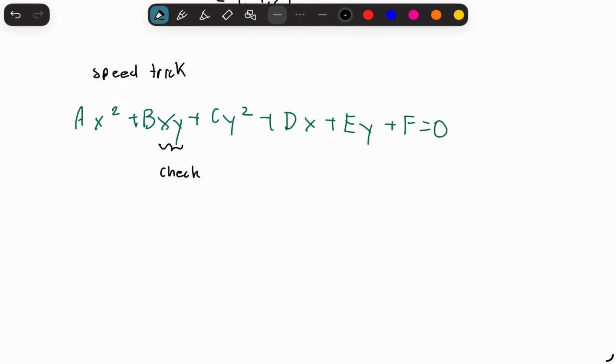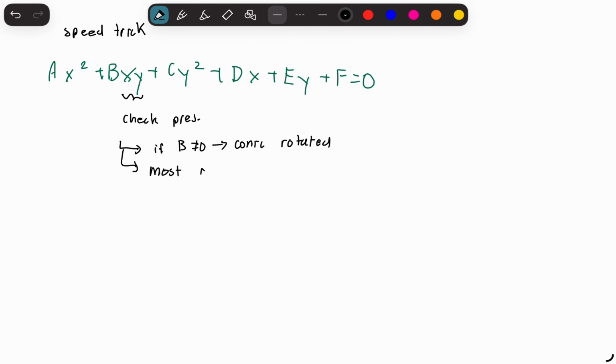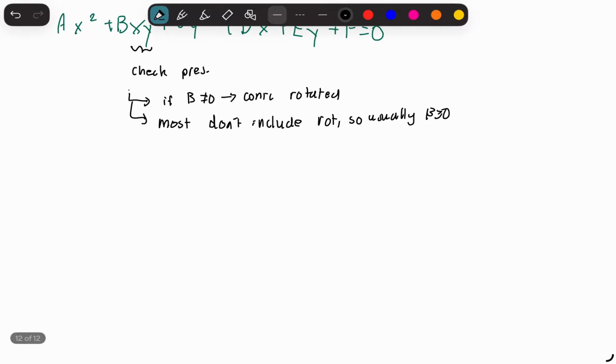So you're going to check for this presence. That means if b is not equal to 0, your conic is rotated. However, most problems of this level don't include rotation. So usually your b is going to equal 0.